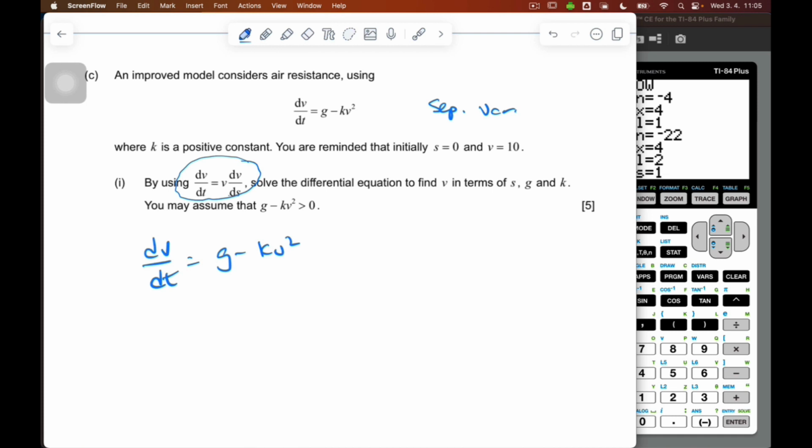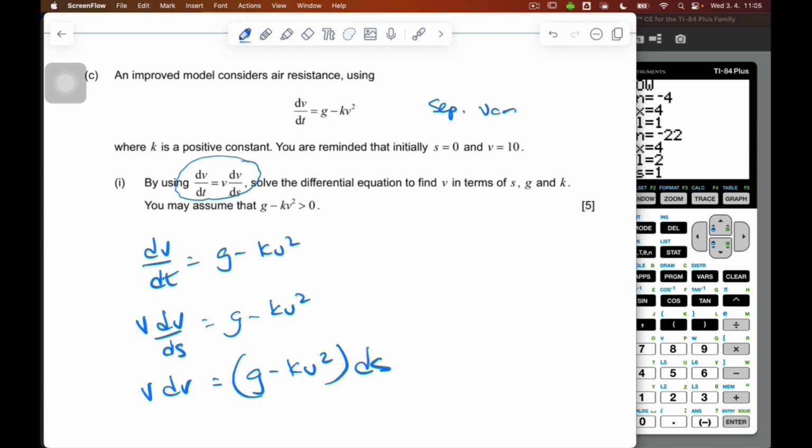Well, I know dv/dt is equal to v dv/ds, equal to g minus kv squared. I'm separating, so now I'm going to multiply both sides by ds. So v dv is equal to g minus kv squared times ds.